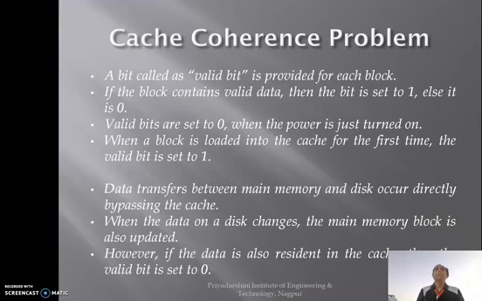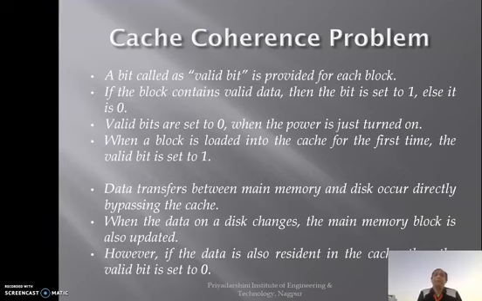Initially, when we boot the system, the cache memory is reset to 0. It is blank. When a block is loaded one by one from main memory to the cache memory for the first time, the valid bit of that particular block is set to 1.